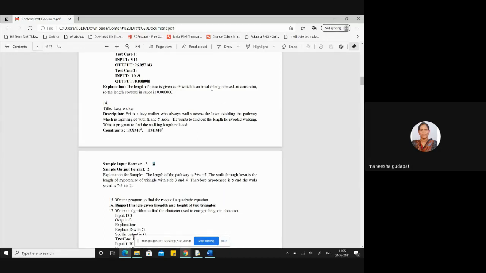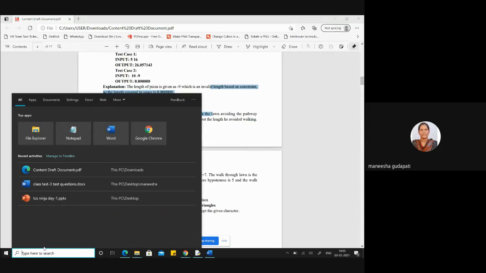That means he is avoiding the given pathway, which is at a right angle. He was walking in a cross direction. Let's consider a paint.